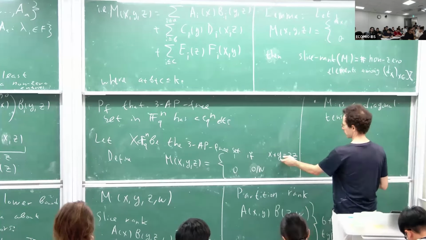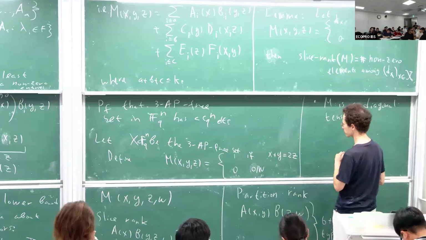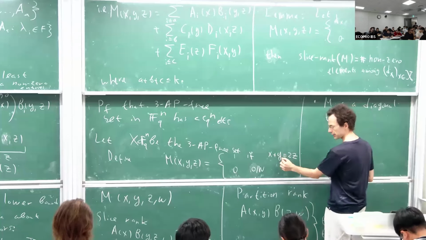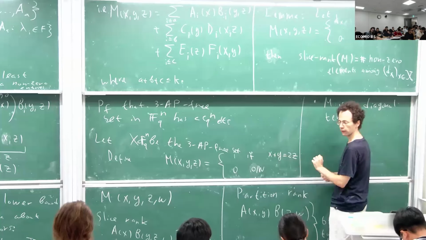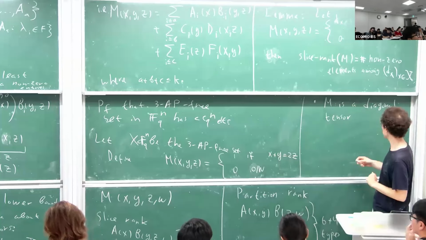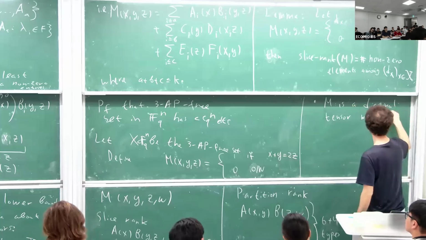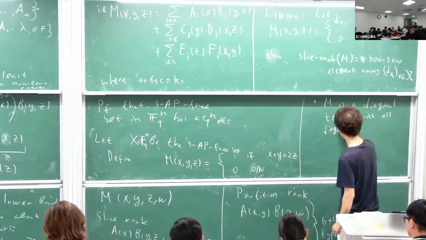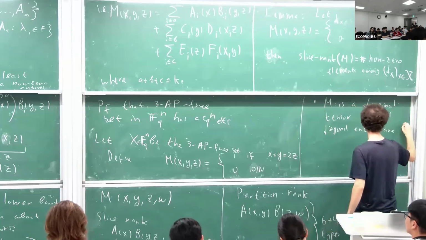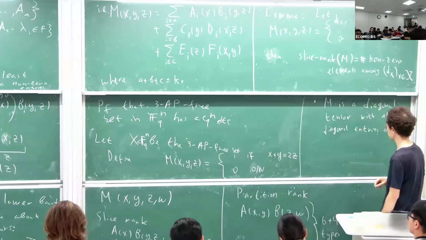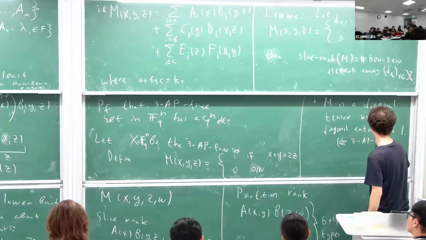This is exactly the equation for a three-term progression, except there is also the solution where they are not distinct, so x, y, and z are all equal, in which case it's equal to 1. So all diagonal entries are equal to 1. This is because of the AP-free condition.